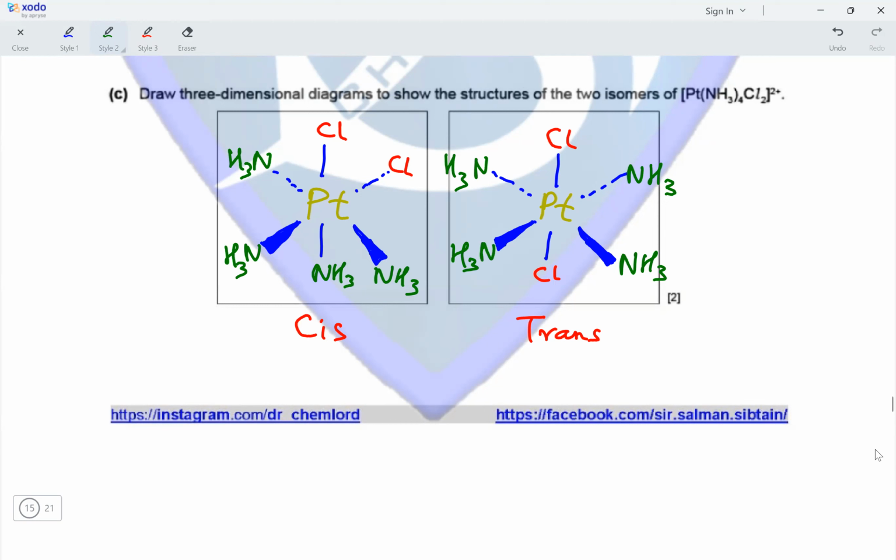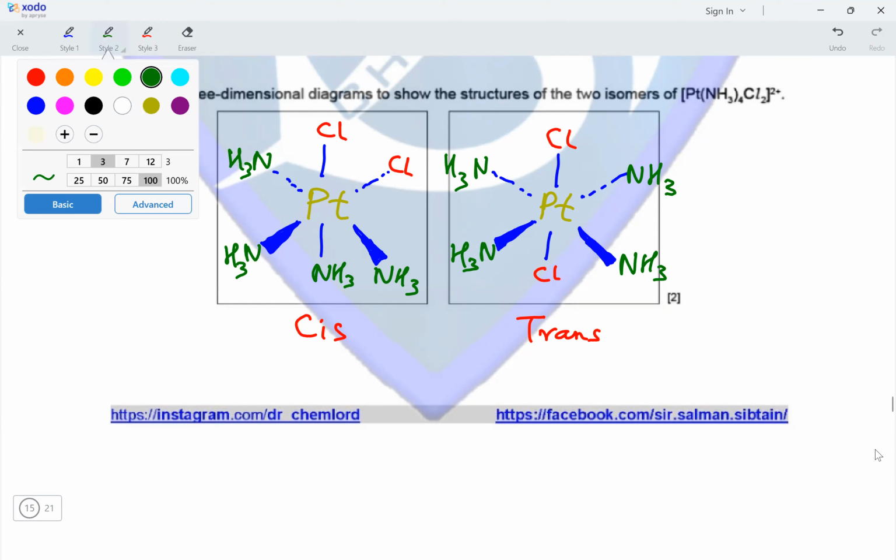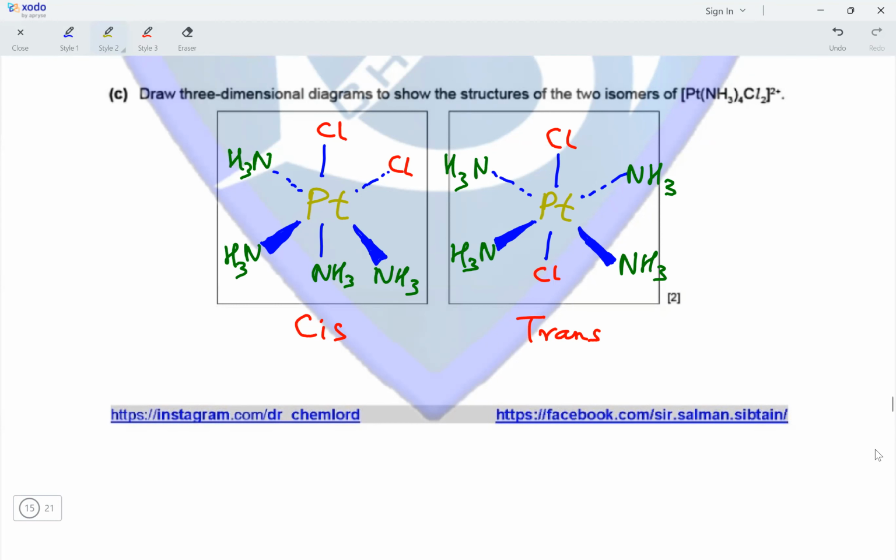So in this way, we have placed all four of the ligands. Now, in order to complete the structure, we draw the square brackets and place the charge of 2 positive on them so that the diagram is complete. So here we have the cis and the trans isomers of the given complex.